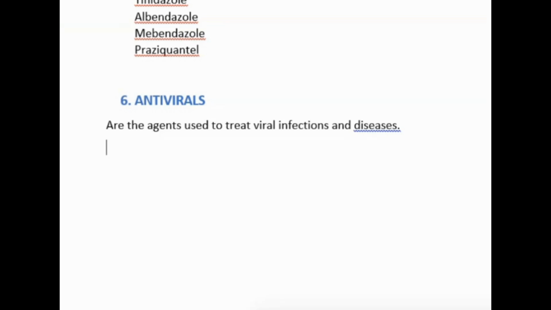So the following are antiviral medications. The first one we have is acyclovir. Acyclovir is an antiviral medication which is used to treat herpes simplex virus, influenza. Okay, we also have valacyclovir.